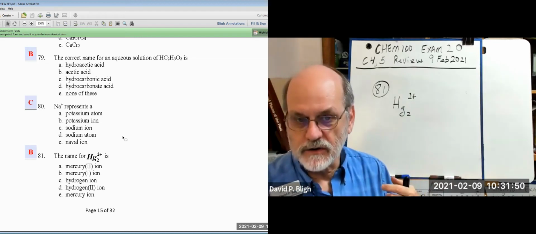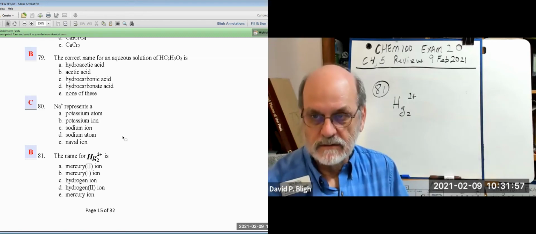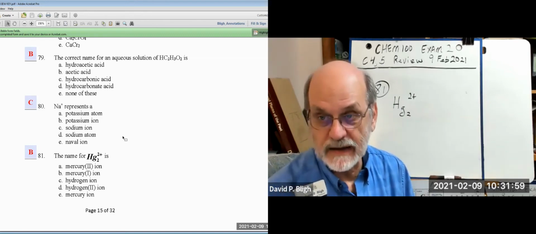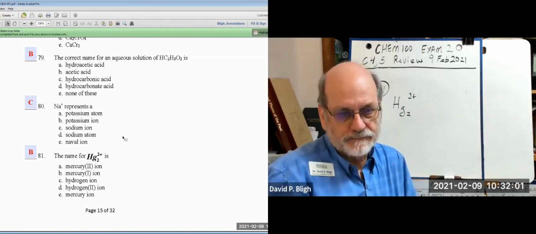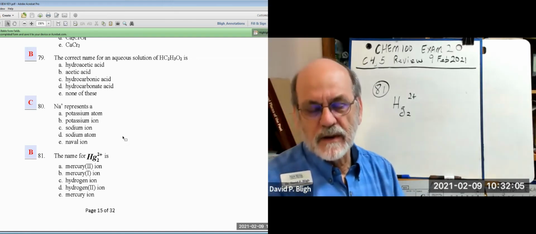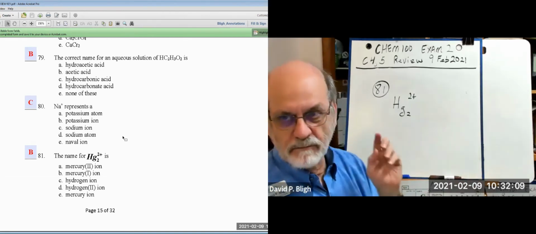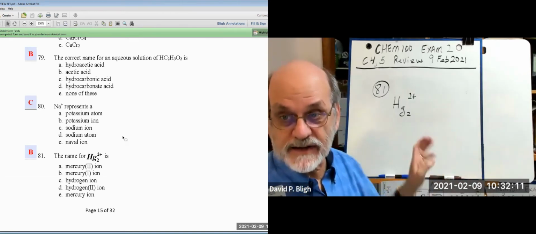Mercury never occurs as an ion, a single atom. Never. It's always combined. Well, I take that back, scratch that. Mercury can occur as an ion, single atom.